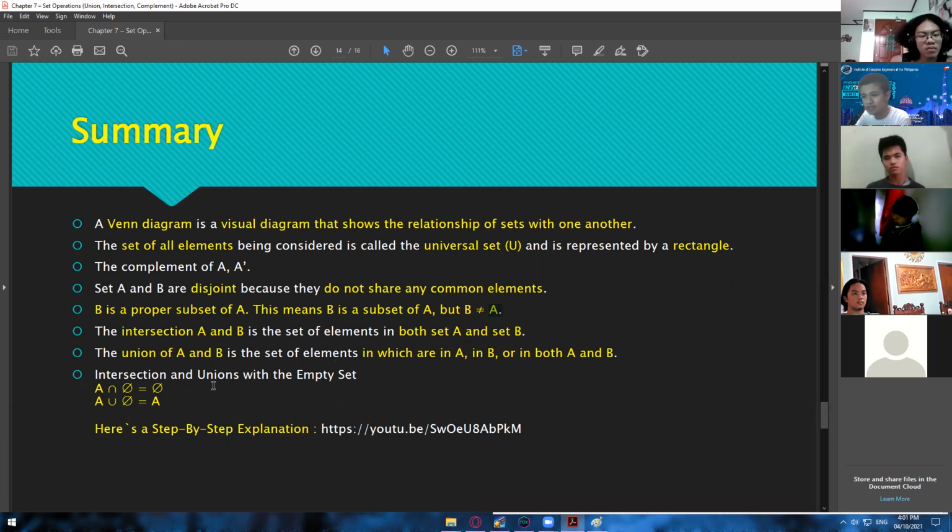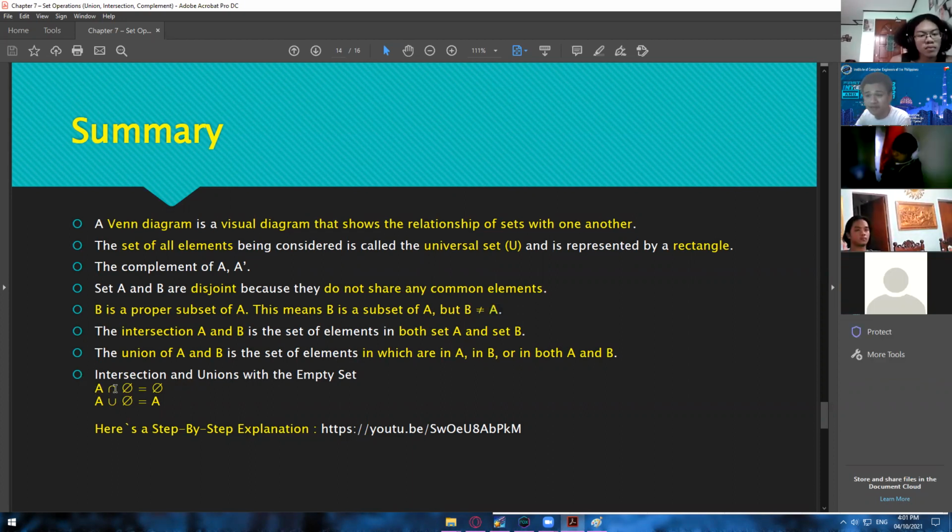And lastly, intersection and unions with the empty set. Just in case you were asked, we have set A that contains some elements, and it's intersected with a null set, so no element. All you need to do is answer null, because they don't have any common elements.